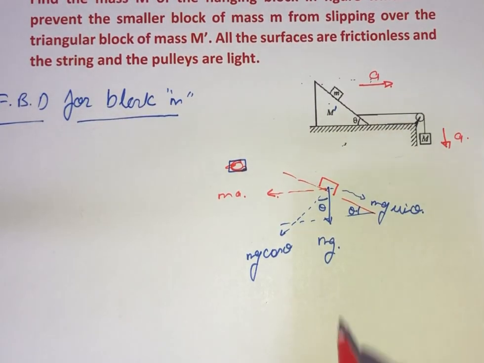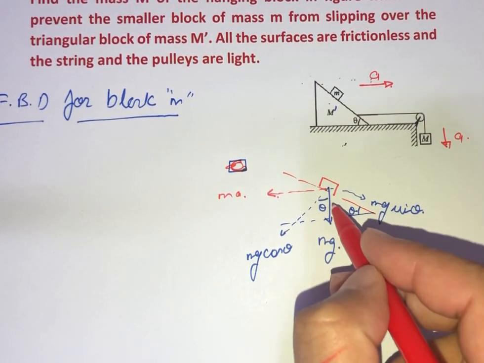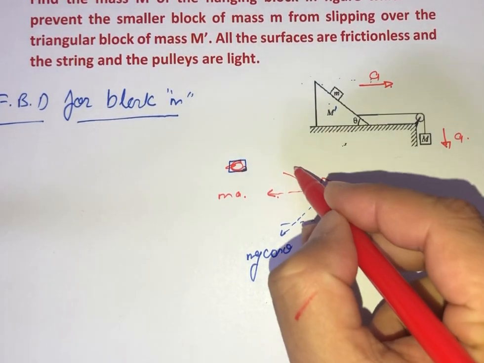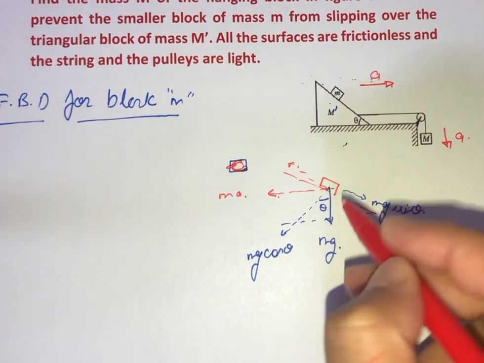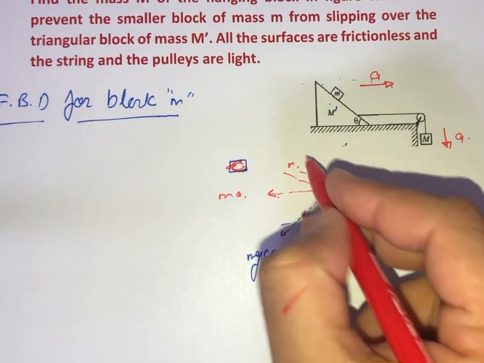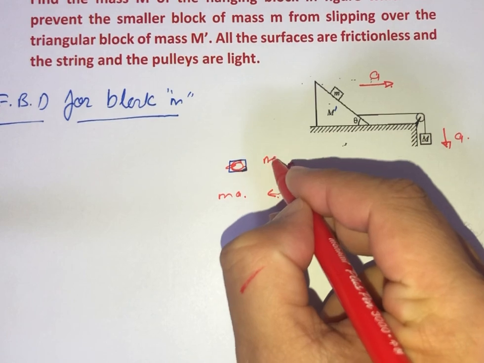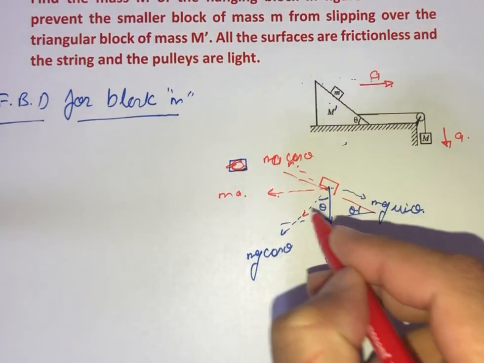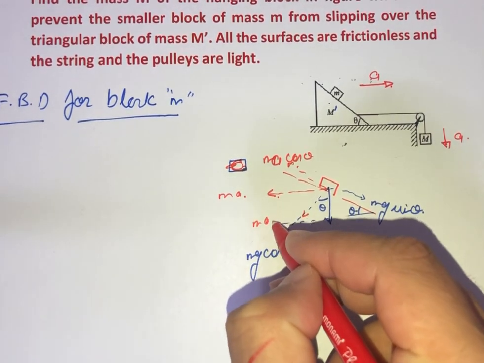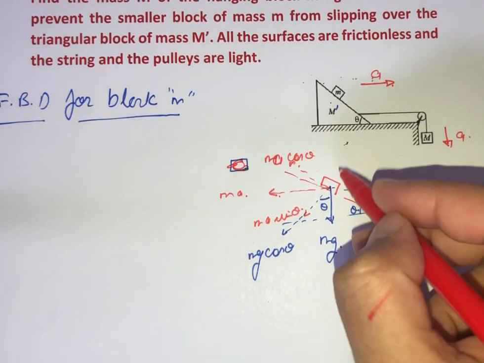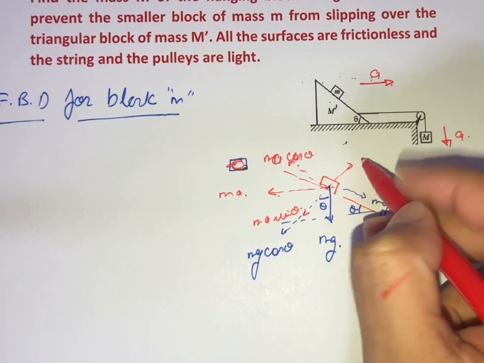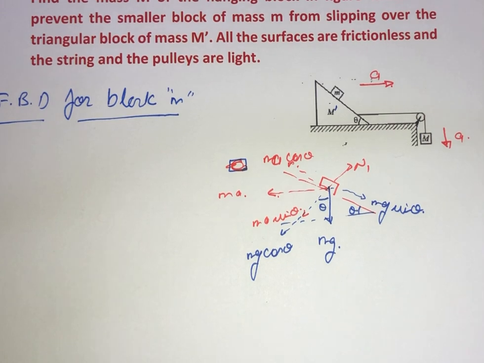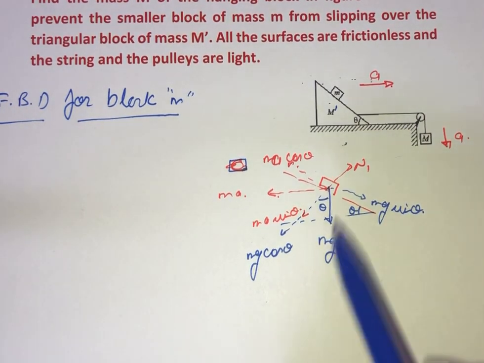Now this ma can also be divided into two components, one in this direction, another one here. So we get this as ma cos theta, and this will be ma sin theta, and there will also be a normal force. Let us suppose this is N1 which will be acting on the block.